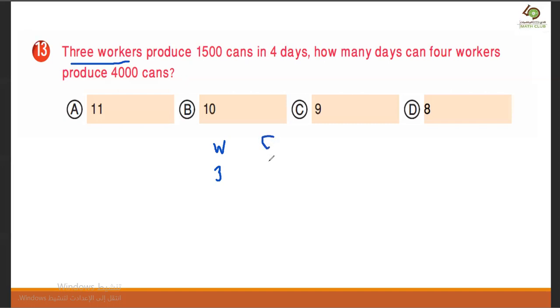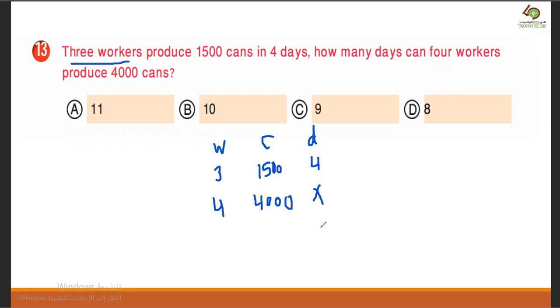We have cans here, producing 1,500, right? In 4 days, now the time is 4 days, right? Okay, how many days can 4 workers produce? I put X here for the days. Workers, 4 workers, and produced 4,000. I put here 4,000.